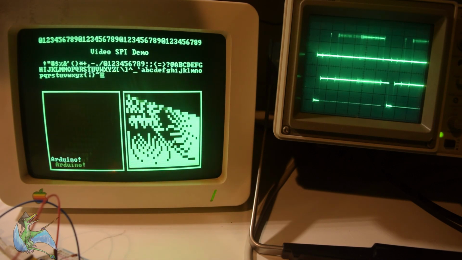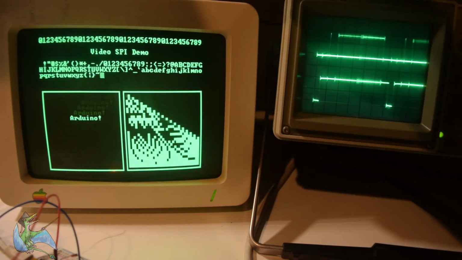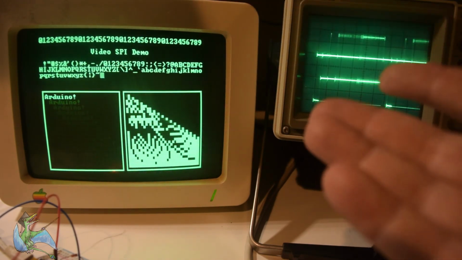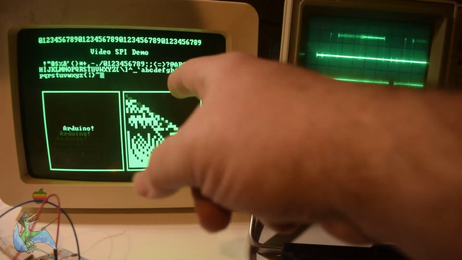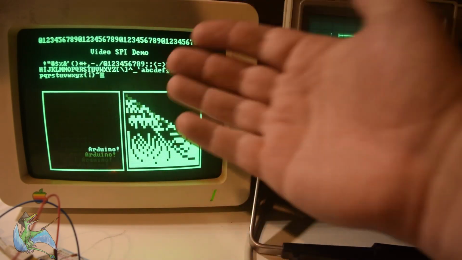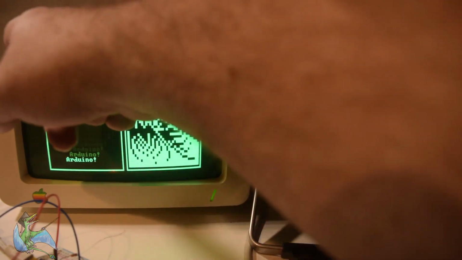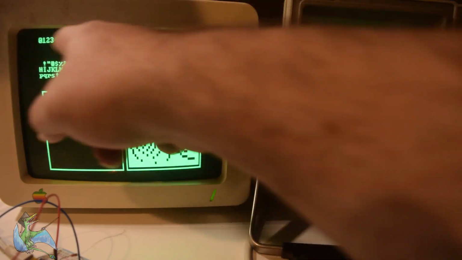But let's talk briefly again about how NTSC video works. You probably know the basics. You have your CRT, which is painted by an electron beam that lives in the back. That beam comes out its front. It scans lines across the screen.